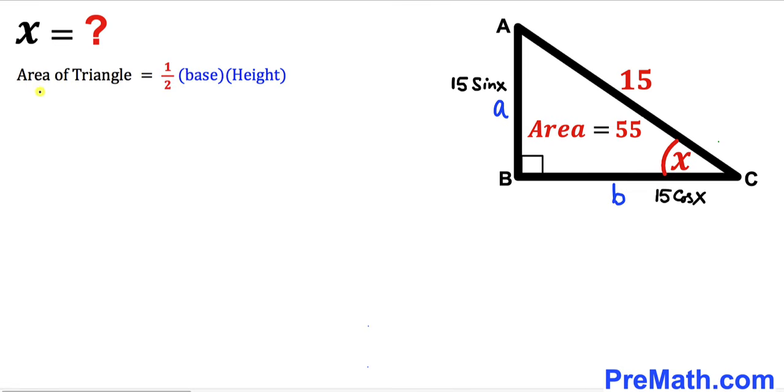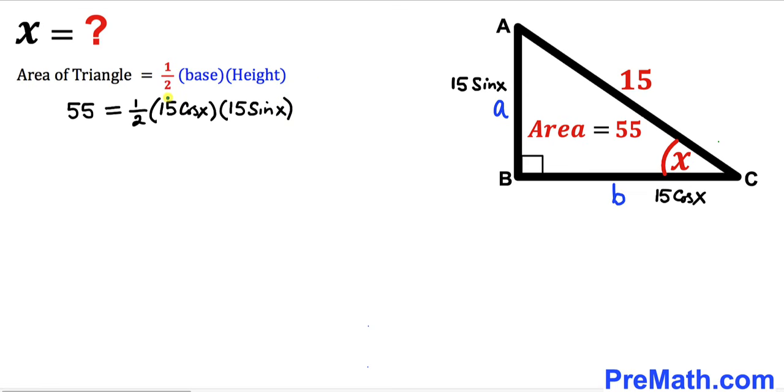Let's fill in the blanks in this formula. So 55 equals a half times the base, 15 times cosine of x, and the height, 15 times sine of x.